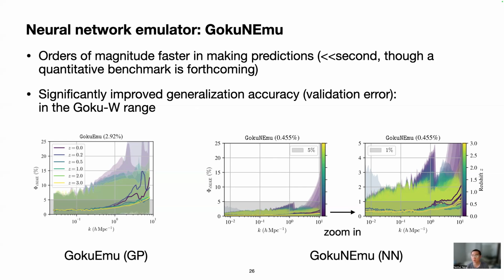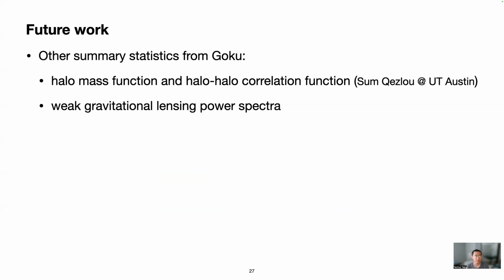And if we zoom in, we found that the validation error is mostly within 1%, with only mild exceptions on the smallest scales at low redshifts. And in the future, we are going to build emulators for other statistics like the halo mass function and weak lensing power spectra.